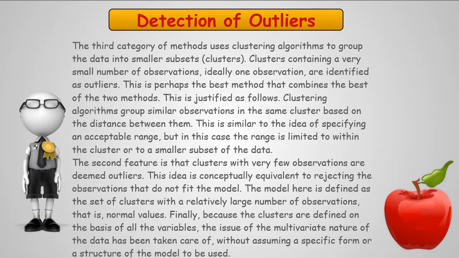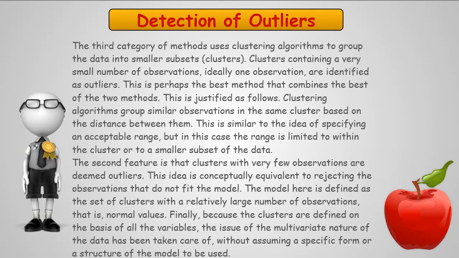The third technique is something of a hybrid model between them. It relies on using a clustering algorithm so that you'll group all of the data into clusters. And basically, you're going to find and measure the distance between the various points and the various clusters. And then clusters that have very few observations are deemed to be outliers.